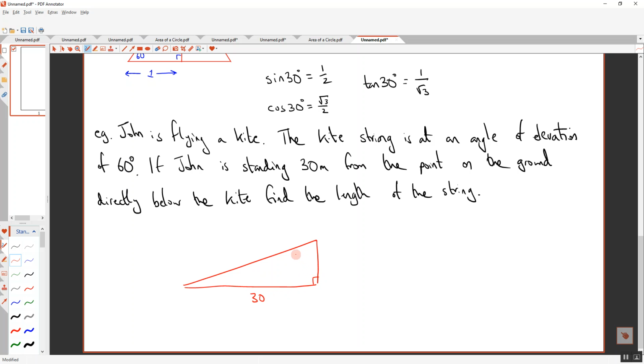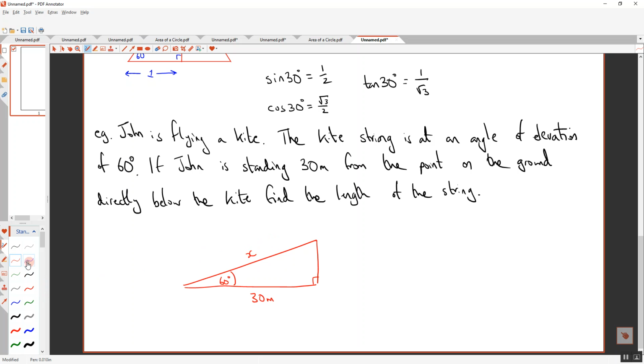So remember, angle of elevation is if you're looking horizontally and then you look up. So this is 60 degrees. And what are we trying to work out? Yeah, which is the hypotenuse. Good, which is this one.